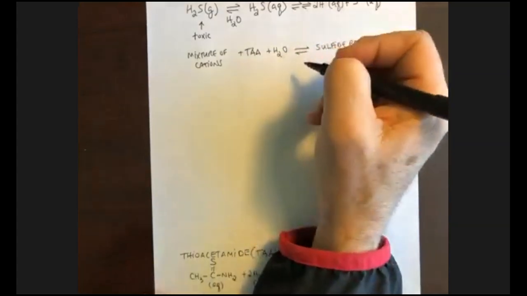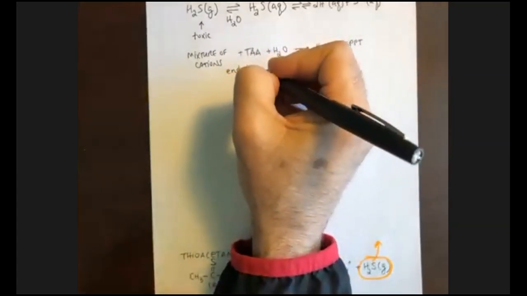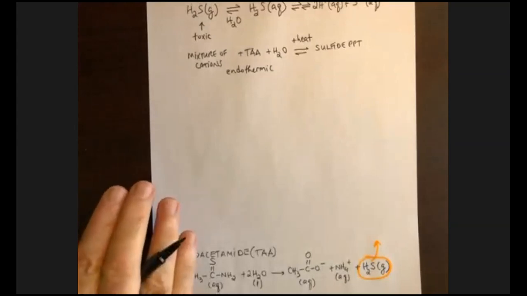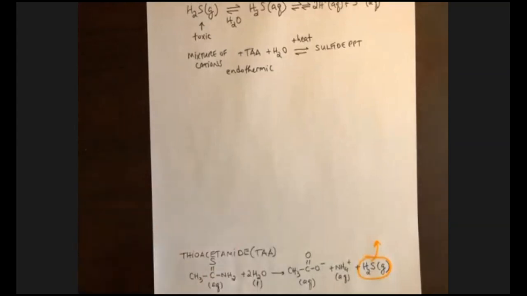It turns out that this reaction is endothermic. So what we're going to do is carry this reaction out with heat so that, as we learned in the Le Chatelier principle, we can push the equilibrium of this reaction towards the right. Okay? So that's how it's going to work.